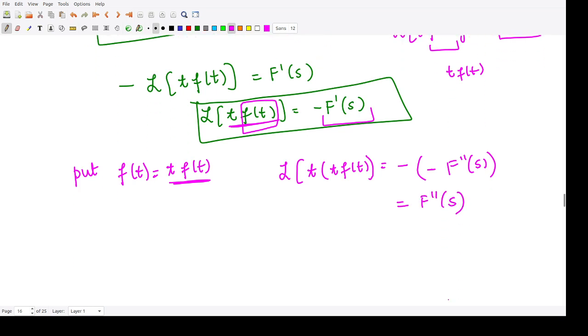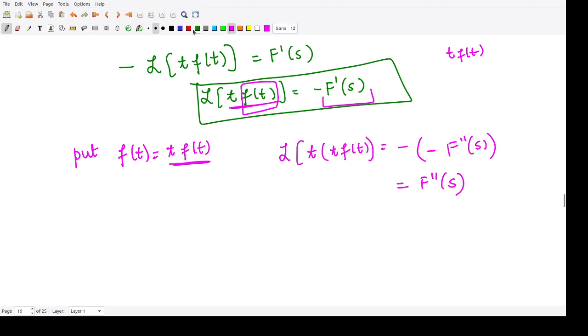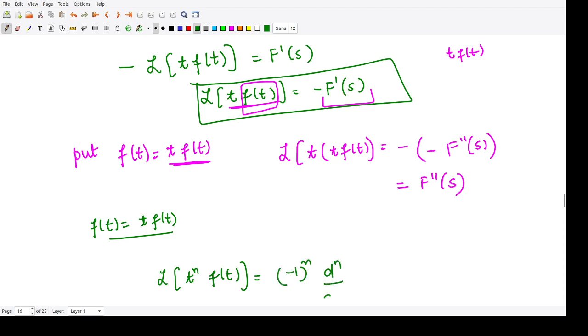And similarly, if you keep on doing this, if you substitute this f of t is equal to t f of t again and again, at the end what will you have? You will have the Laplace transform of t to the power n f of t, that is equal to minus 1 raised to power n, the nth derivative with respect to s of the term F of s.